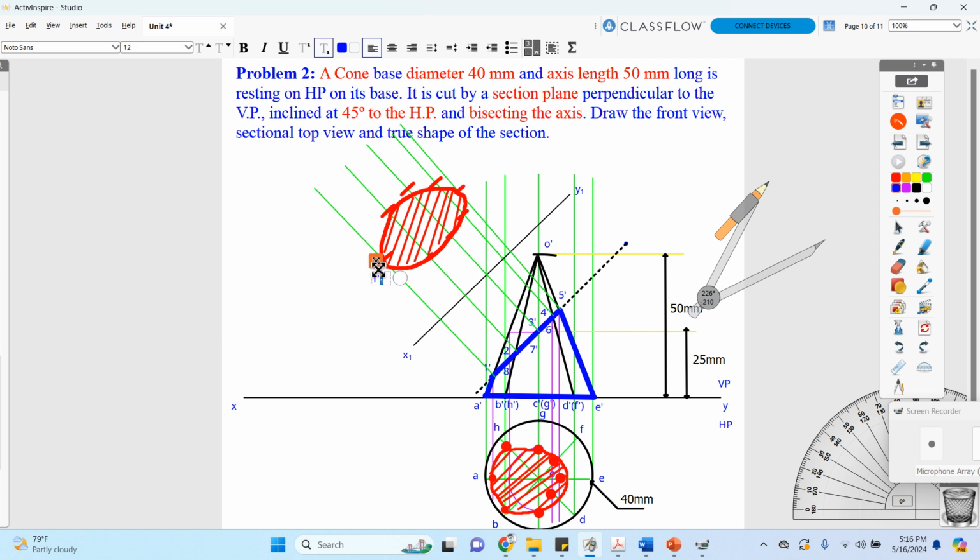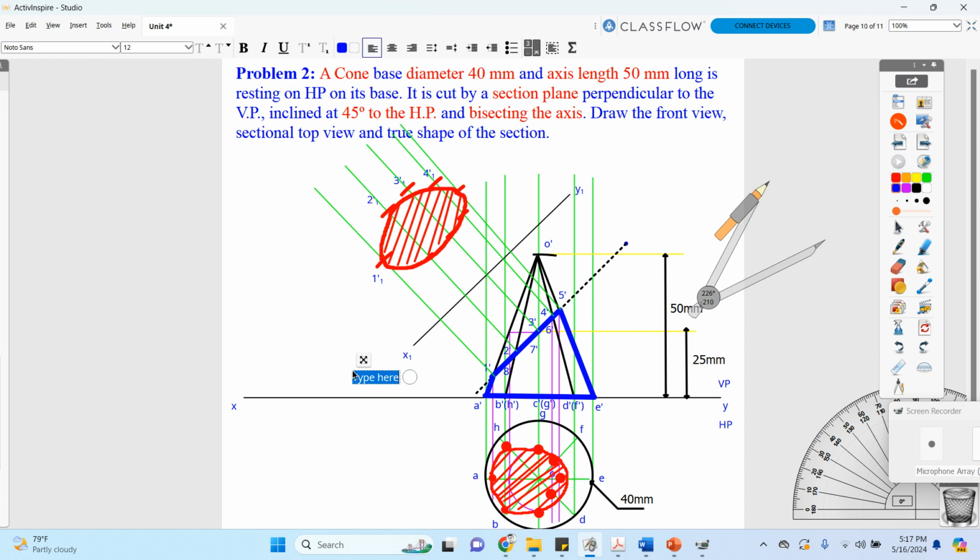Okay, if you refer to your first point, from here only it is taken, then followed by if you take this one, this is your 2 dash of 1. Okay, then 3 dash of 1 over here, then followed by 4 dash of 1 at this point.